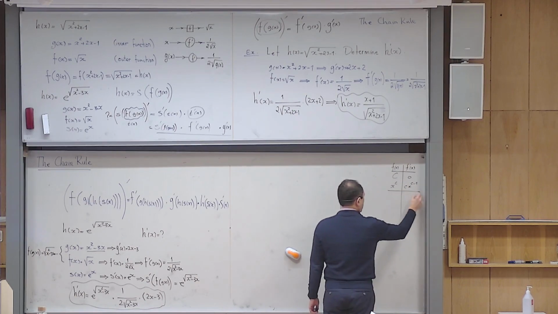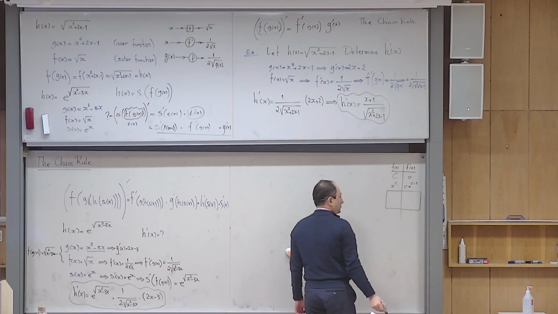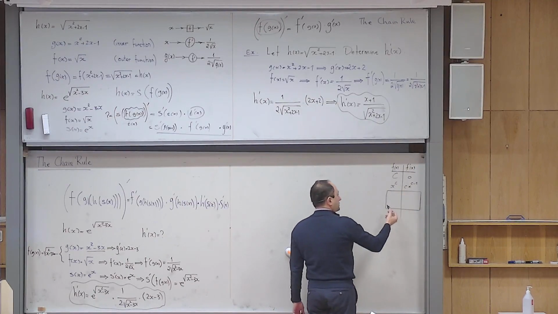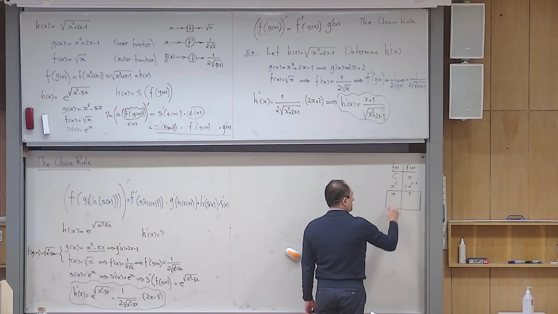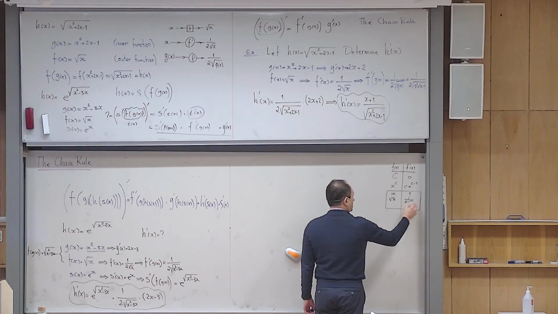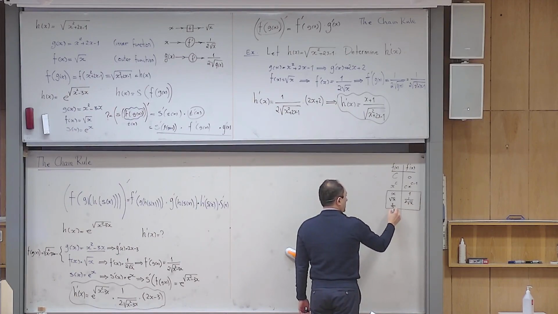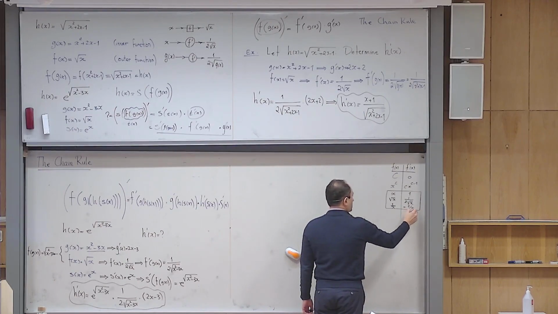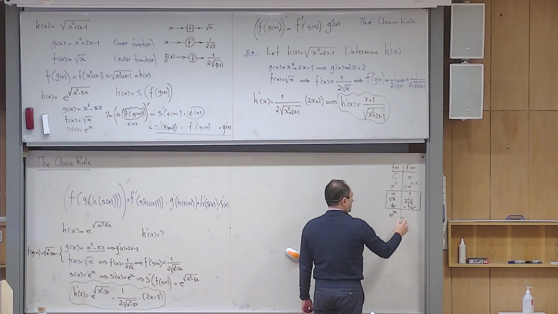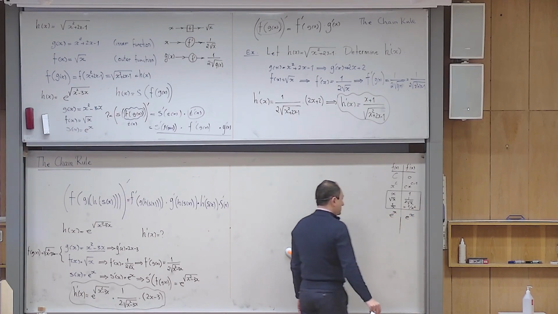I told you that this package you will not get. I really want you to memorize that, otherwise you have to calculate all of them from scratch every time. If you have x, the derivative is 1. If you have square root of x, it is 1 over 2 square root of x. If you have 1 over x, it's minus 1 over x squared. And in our list, we have e to power x, which gives e to power x, and things like that.